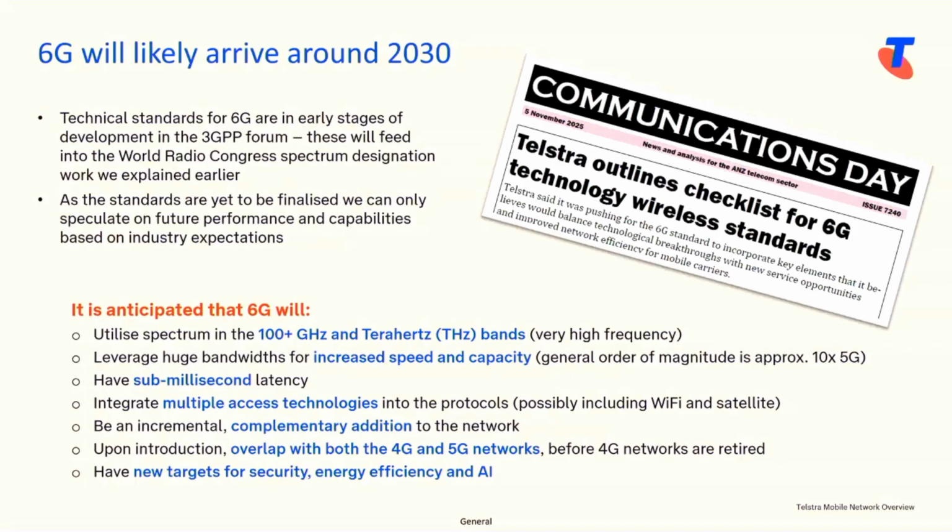Some sub-millisecond latencies, a bit of speculating on what that's going to look like, but the standard's still under development. But that's definitely what people are actively thinking about and lobbying the industry on, to try to make the standard the way they would like it to look for 6G, because it's important.